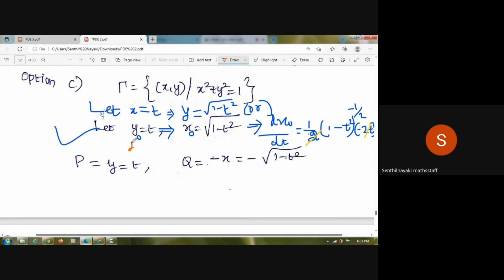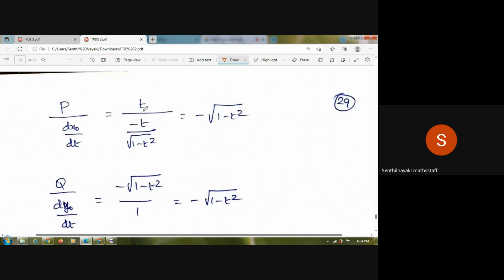Similarly, dy naught by dt is, here t is the simple term. So dy naught by dt is 1. So the second ratio q, here t get cancelled. So after you take this term in the numerator, then minus square root of 1 minus t square we get.